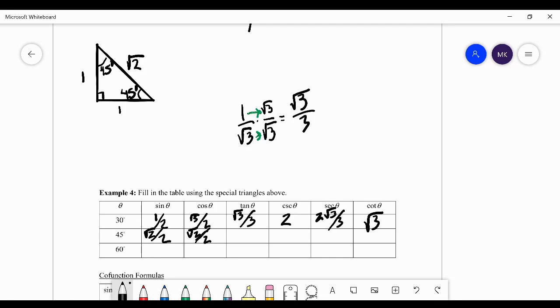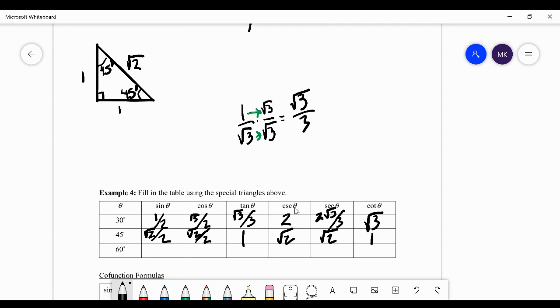If we flip that, we just get root 2. So cosecant and secant are both just root 2. Now, tangent of theta is opposite over adjacent, which is 1 over 1, which is just 1. Flip 1, and you get 1. That one's pretty cool. I like that one.